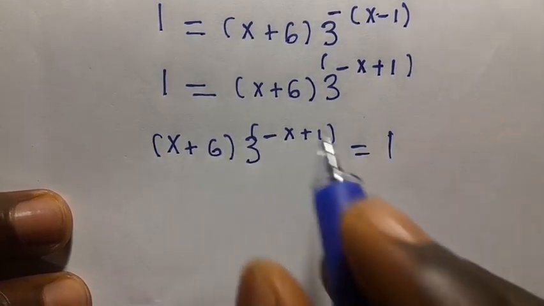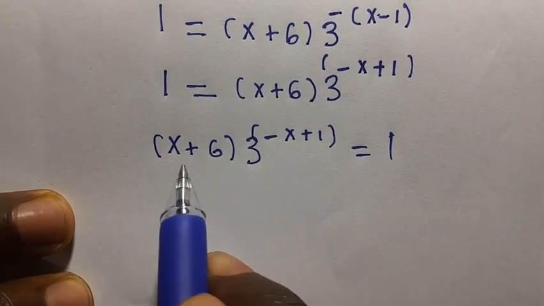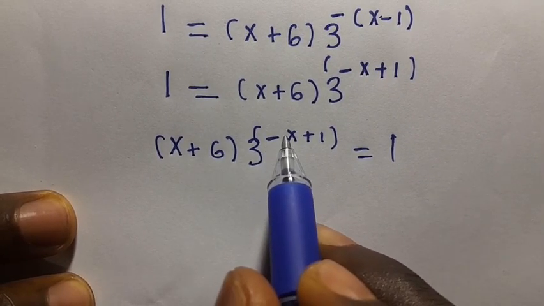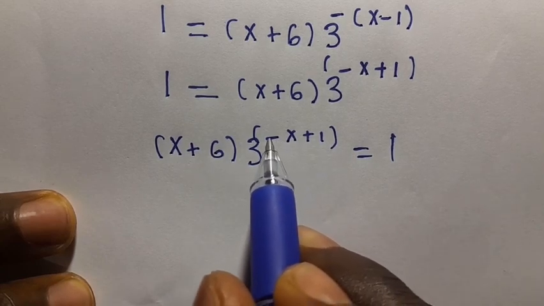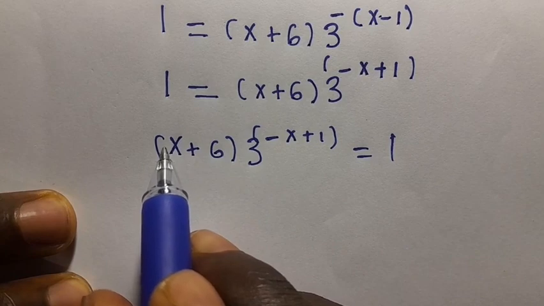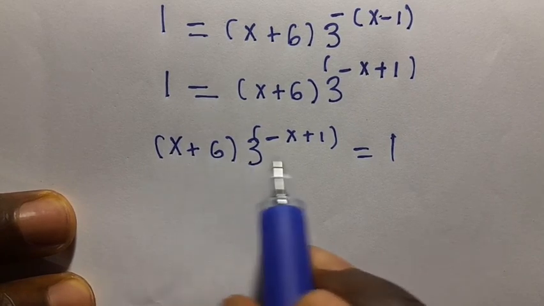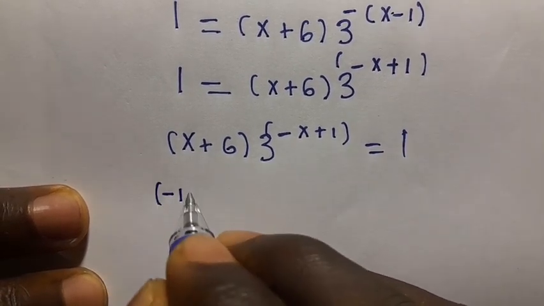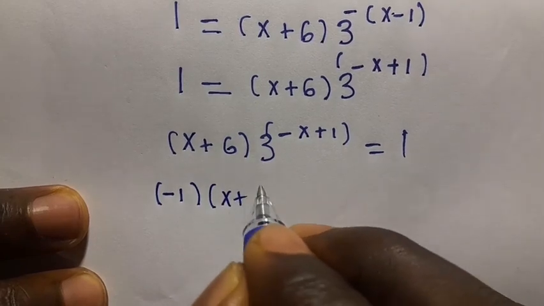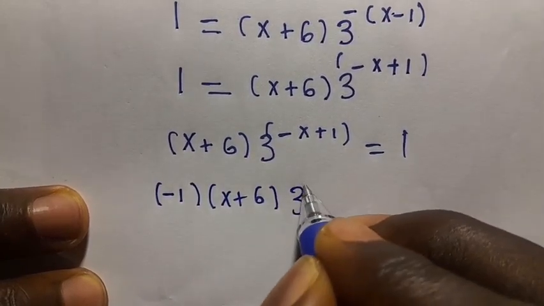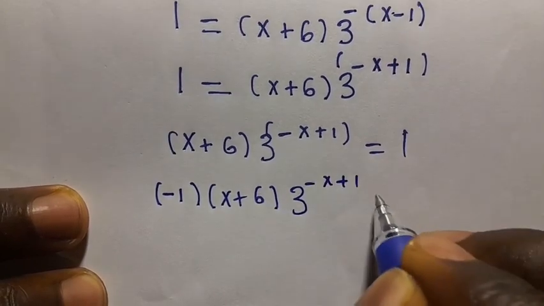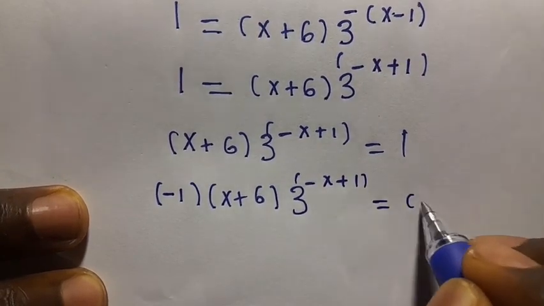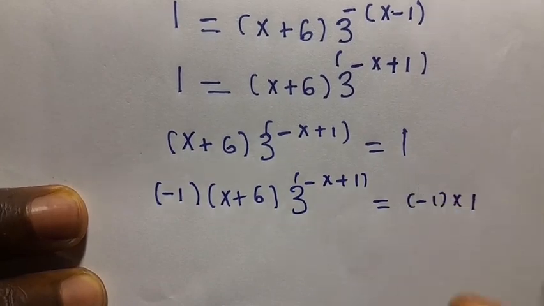Now the next thing we want to do from here is that if we actually want to apply the Lambert W function, we must make sure that they have the same base. The base is the same as the power. Here we have minus x plus 1, and minus x, we have plus x here. To make this one minus x as well, we have to multiply it through by negative 1. So we are going to have x plus 6, then 3 raised to power minus x plus 1 equals minus 1 multiplied by 1.